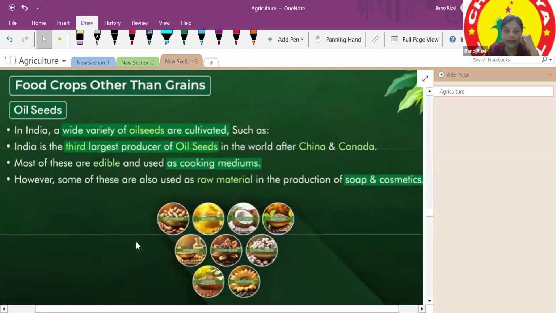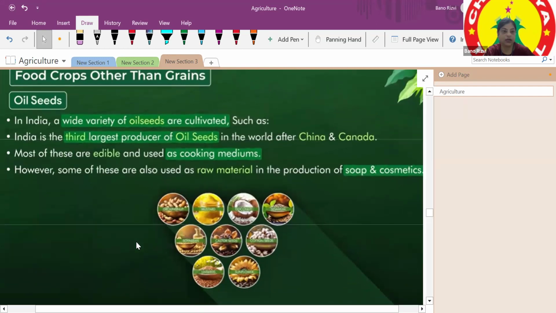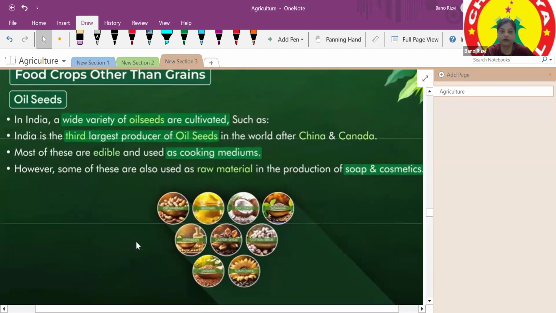In India, a wide variety of oilseeds are cultivated, and India is the third largest producer of oilseeds in the world after China and Canada. So we are third when it comes to oilseeds.